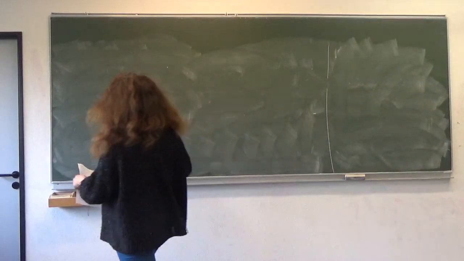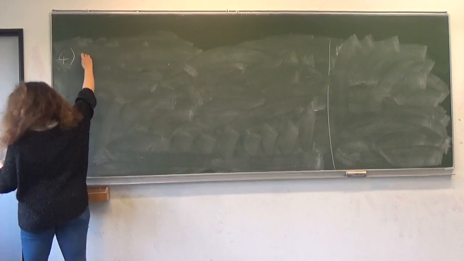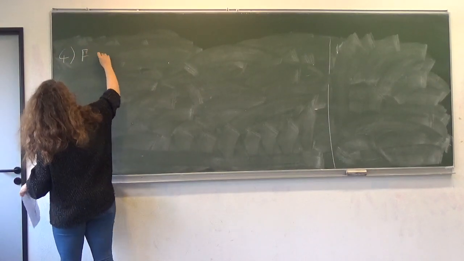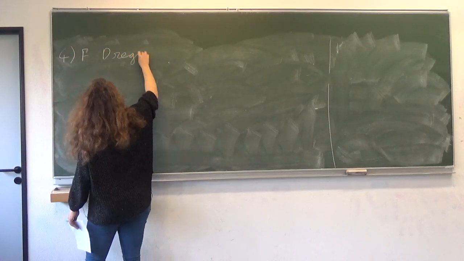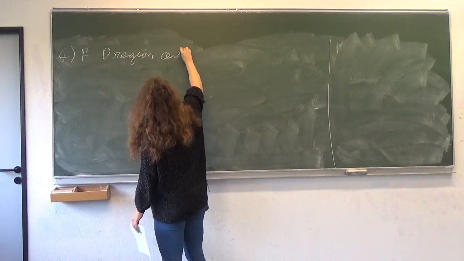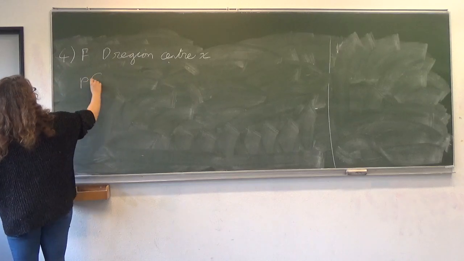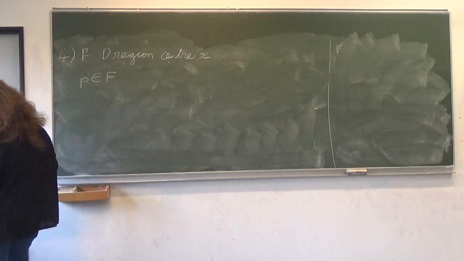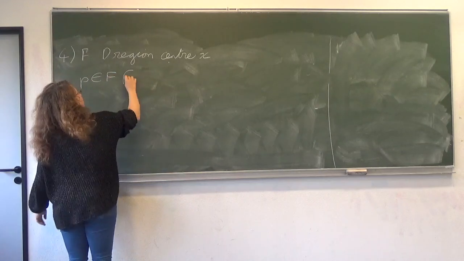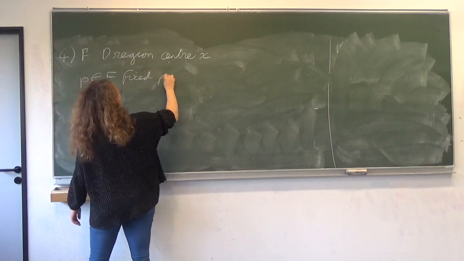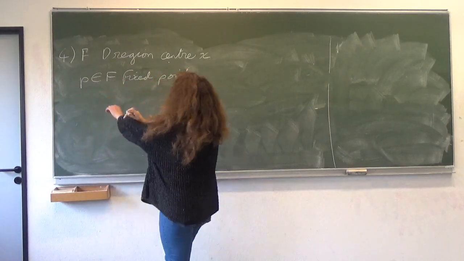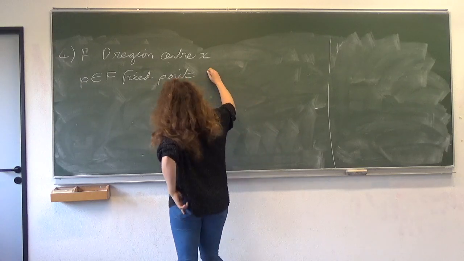Okay, so for F, the Dirichlet region, I'm going to say that it has center X, and P, which is going to be contained in F, is a fixed point of an elliptic rotation.